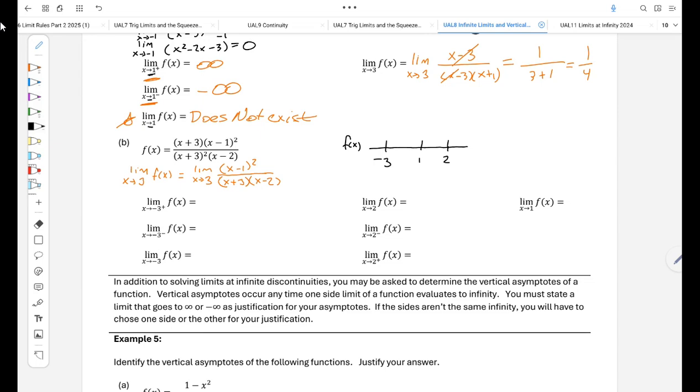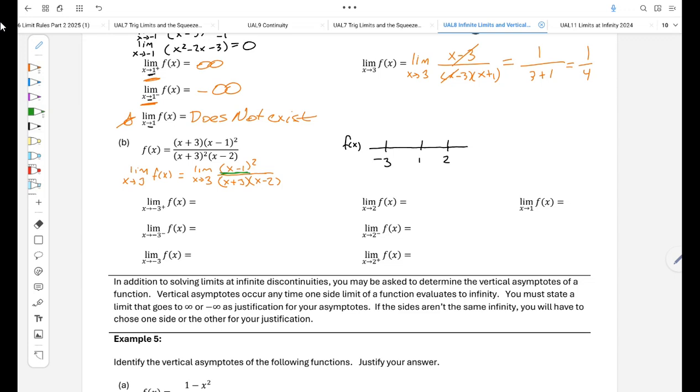I need to take piece by piece each of my factors. This is where BC got it wrong, even though I showed them this. So just keep this in mind. In the numerator, I have x minus 1 squared. That's equivalent to having x minus 1 times x minus 1. That's two separate factors.